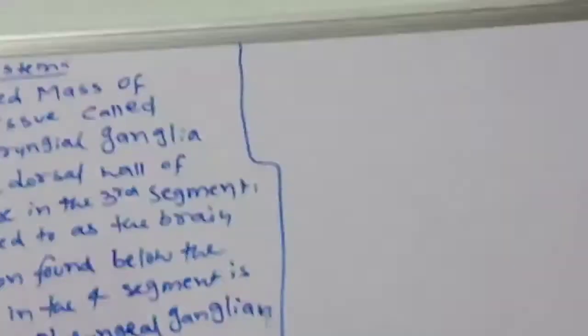Next, another important point to remember is the double ventral nerve cord.